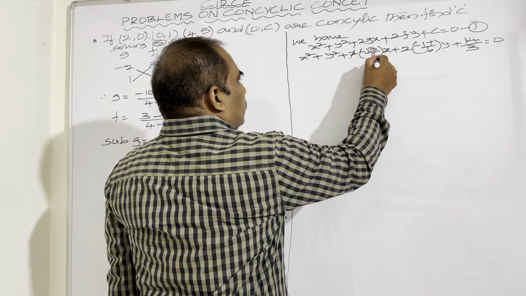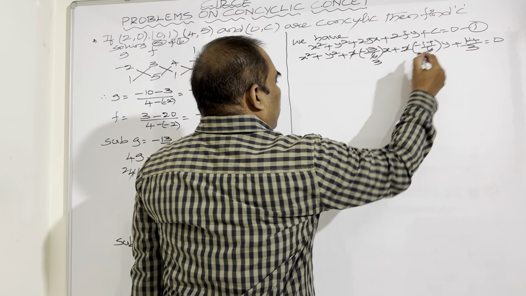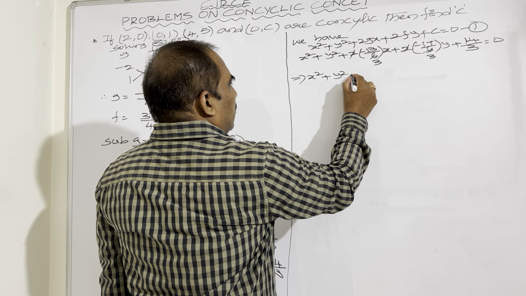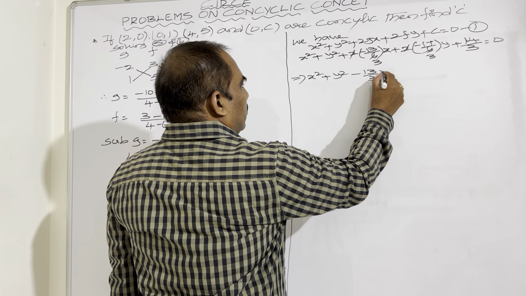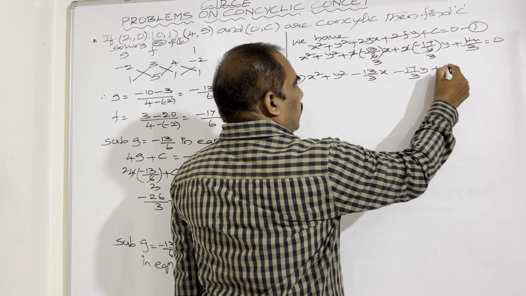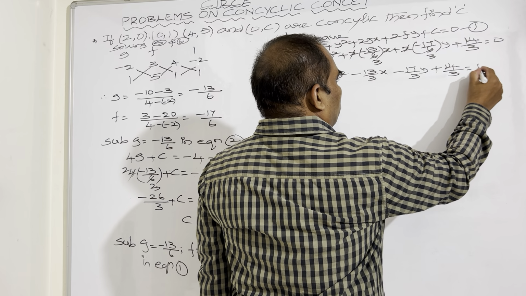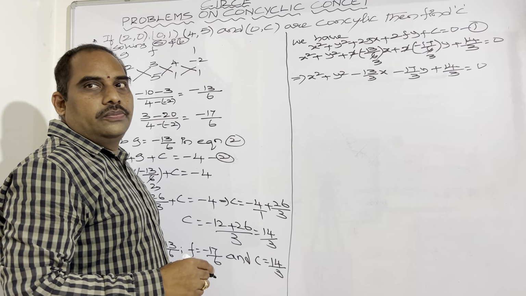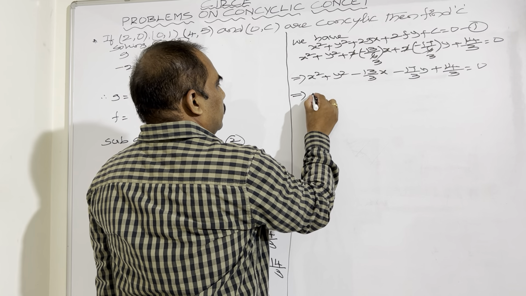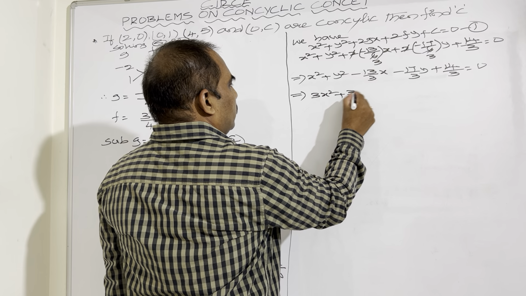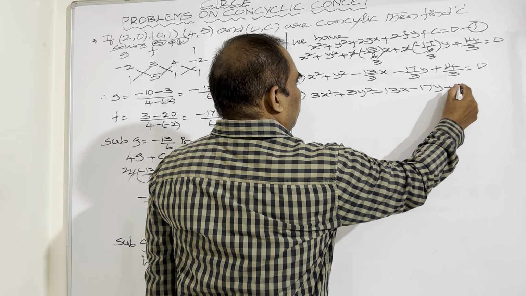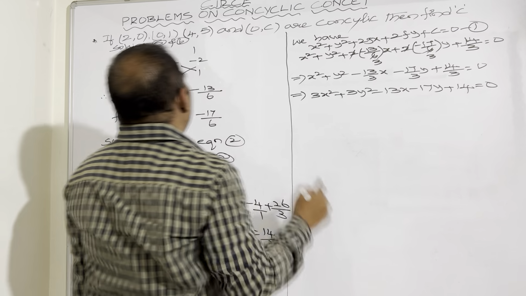Cancelling, we get clearly x square plus y square minus 13 by 3 into x minus 17 by 3 into y plus 14 by 3 is equal to 0. Now what to do here? If you take the LCM 3, we get 3x square plus 3y square minus 13x minus 17y plus 14 is equal to 0.